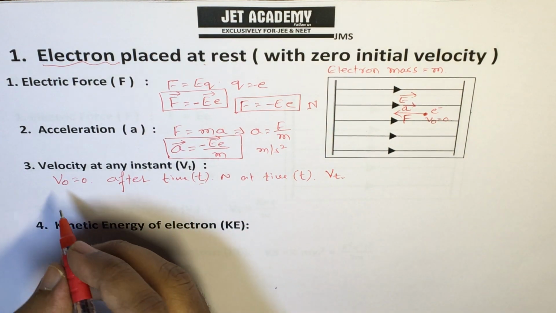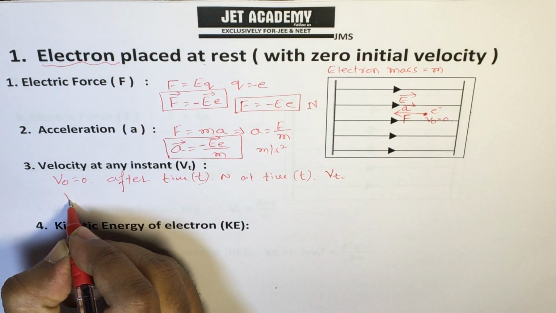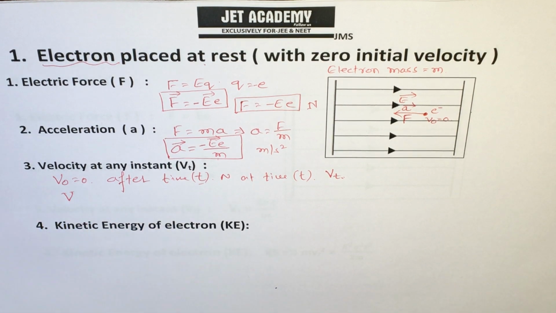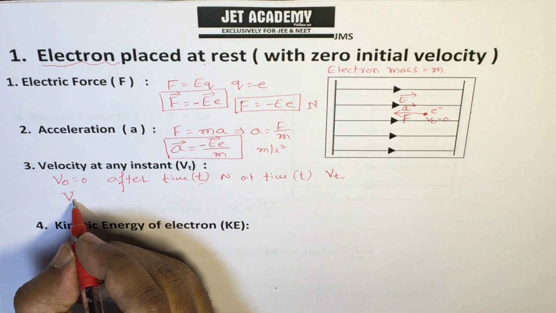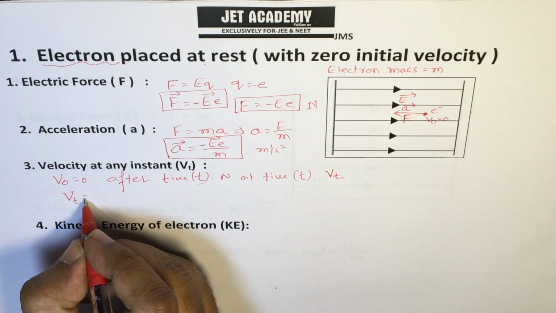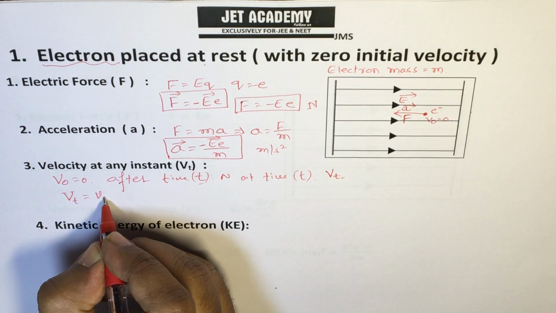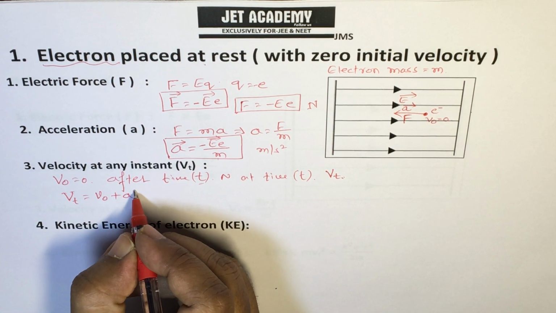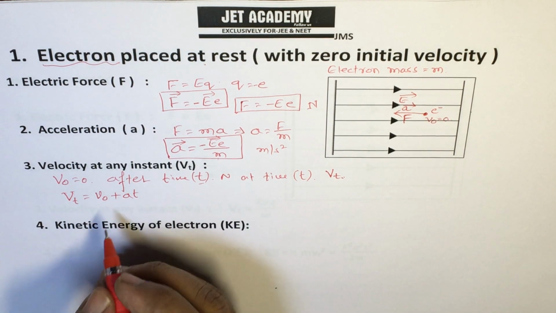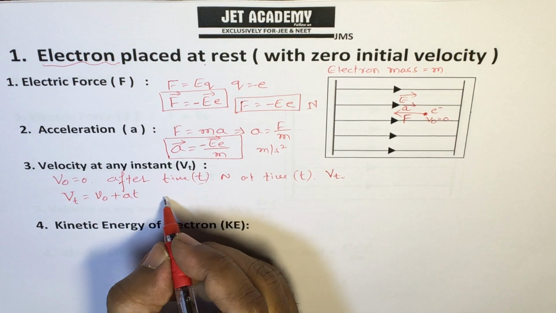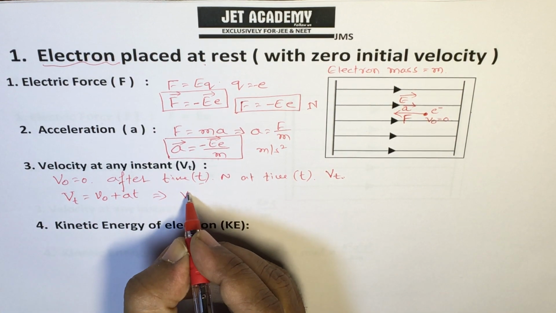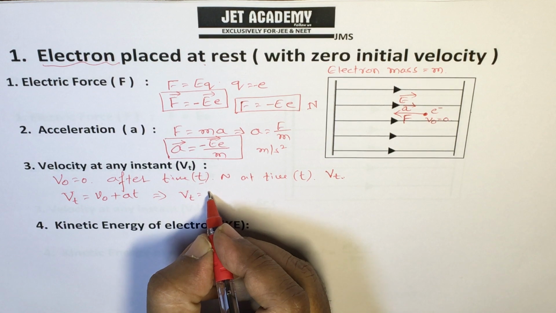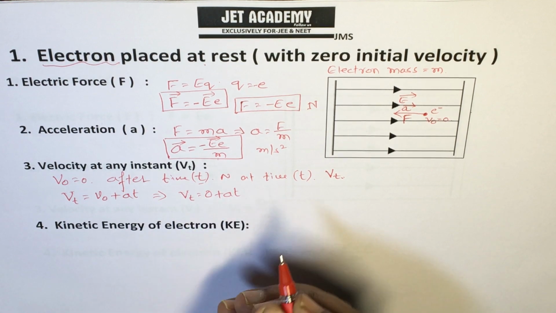That is going to be calculated by the equation we learnt in PUC 1 or 11th standard. Velocity after time t, Vt, is equal to initial velocity plus acceleration into t. In this case, V naught is 0. This implies Vt is equal to 0 plus at.